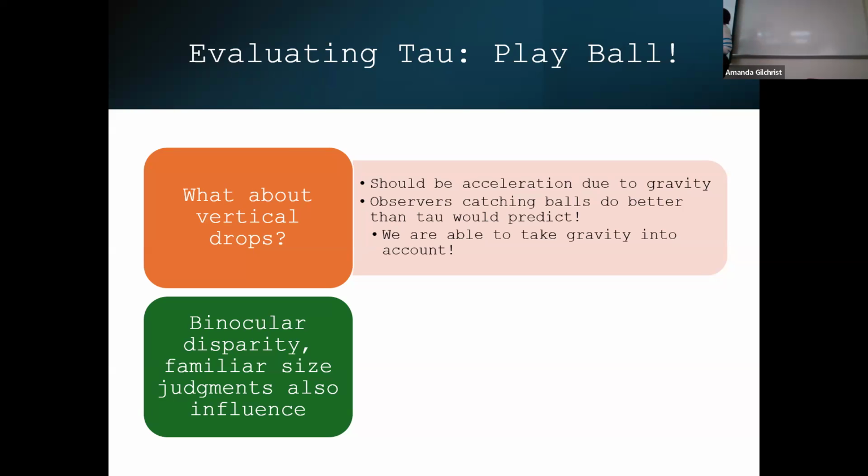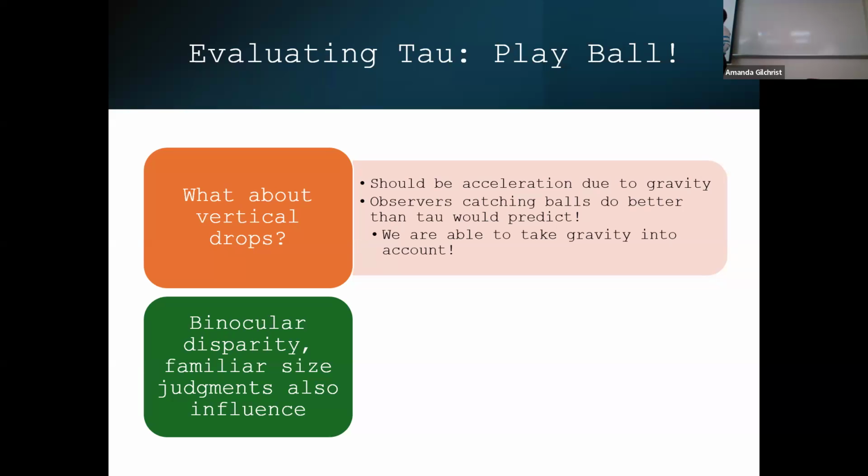Now, additionally, I think, Sarah, you were kind of hitting on this a little bit with things related to eyesight. Obviously, if we have problems with our binocular disparity, we're not going to be able to make the depth and distance judgments necessary to be able to catch things appropriately.